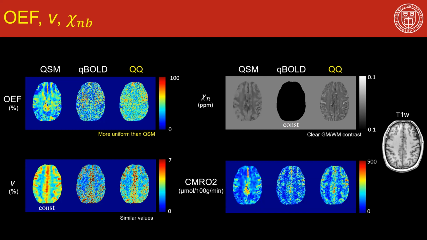It might be because QQ provides a greater OEF than qBOLD. The greater OEF in QQ may be caused by the chi-n inclusion in QQ. Chi-n is greater in QQ than in qBOLD, where it is assumed to be constant everywhere. To achieve the same signal decay, the greater the chi-n, the greater the OEF.